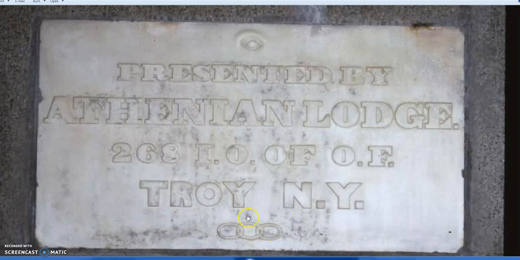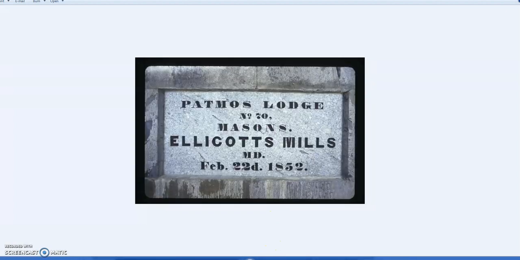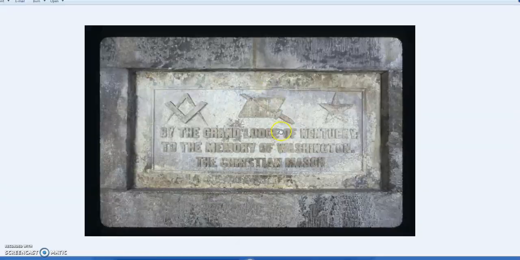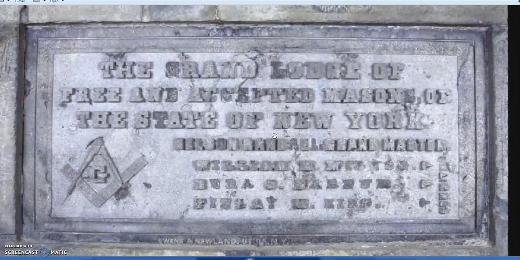The Triple Link, the Athenian Lodge of Oddfellows in Troy, New York. Patmos Lodge. Okay, again, Mason symbols. The importance is, when you would usually connect to Masonry, it would be on a grander scale, but there were many smaller independent lodges, or mutual self-help organisations.